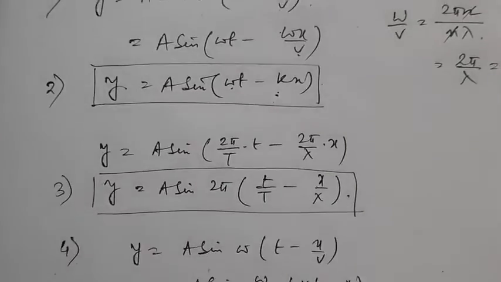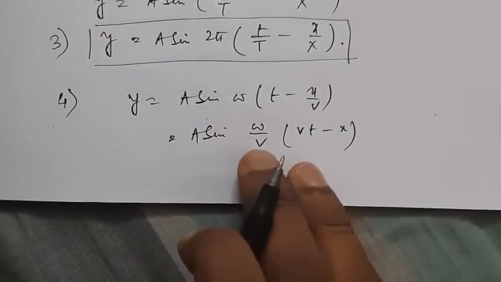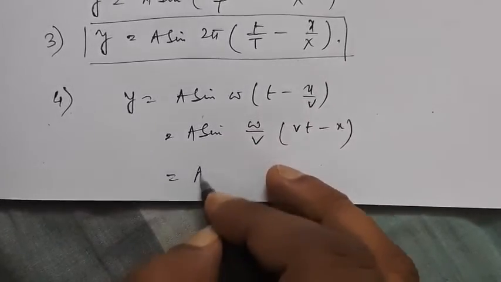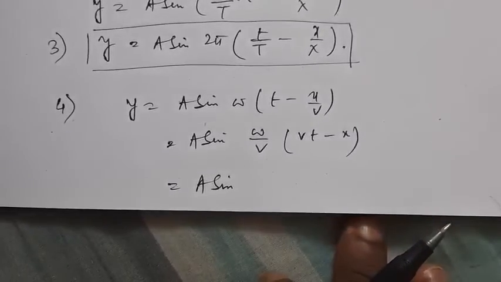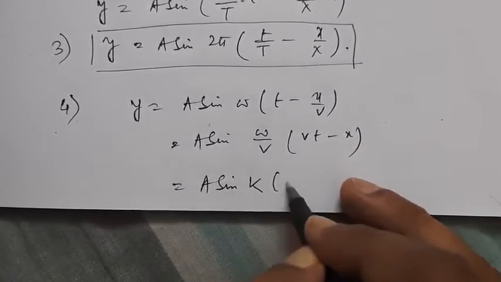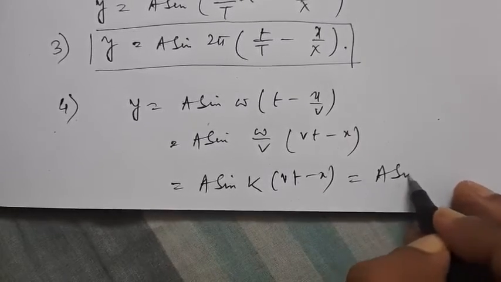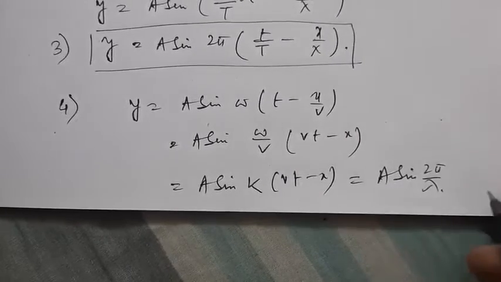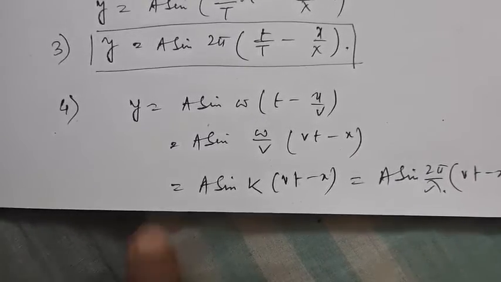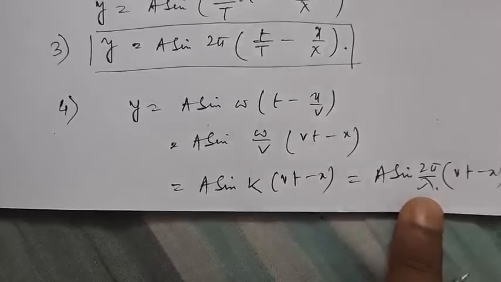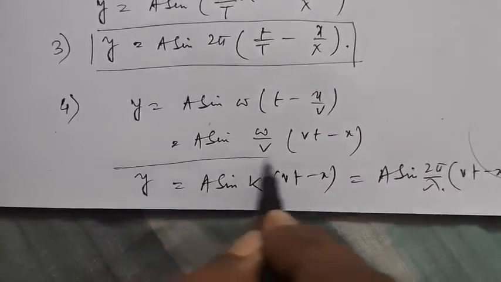Omega by v was equal to k, so it becomes a sine of k into vt minus x. Again, what is k? 2 pi by lambda. So the form becomes y is equal to a sine of 2 pi by lambda into vt minus x. So this one is the fourth form.